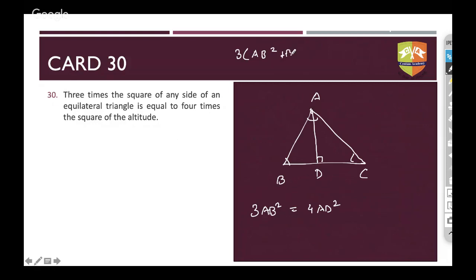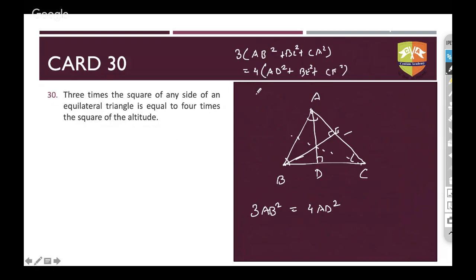So AB square plus BC square plus CA square is equal to 4 times the median squares. And in this equilateral triangle case, median is equal to altitude. So 4 times AD square plus BE square plus CF square.